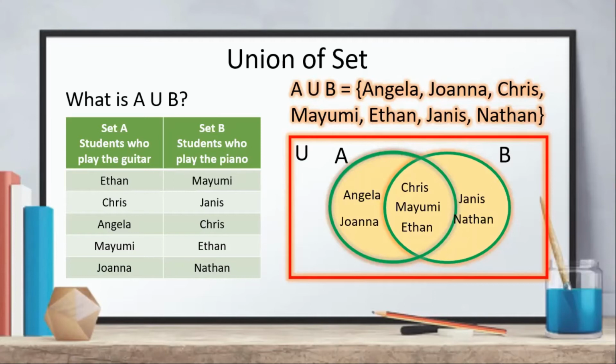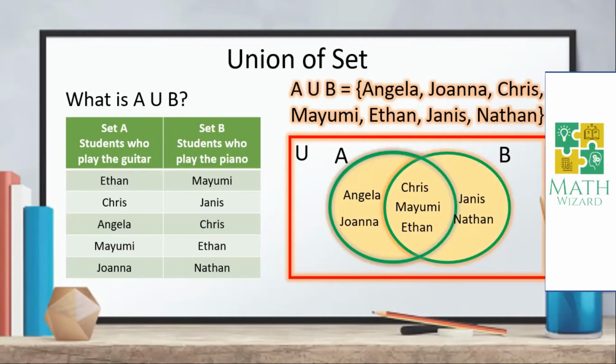Let's have an example on that when we talk about union. I'll just share my screen. Let's say for our set A, we have 1, 2, 3, 4, and 5.